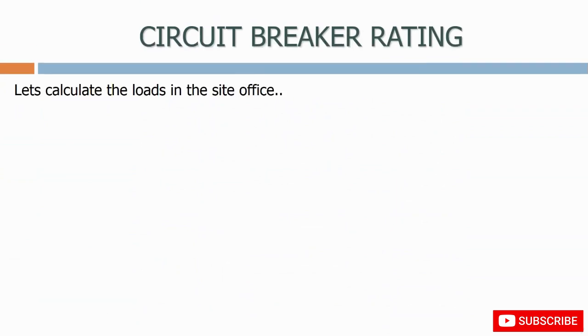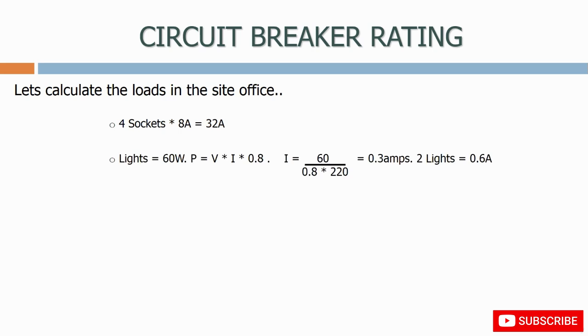Let's calculate the loads in the site office. Firstly, we have 4 sockets, 2 in each office. Typically rated at 8 amps, that gives you 32 amps. We have the lights. These are rated at 60 watts.